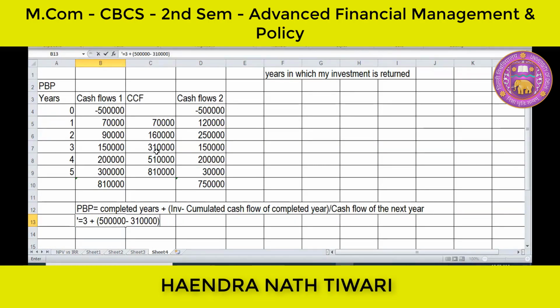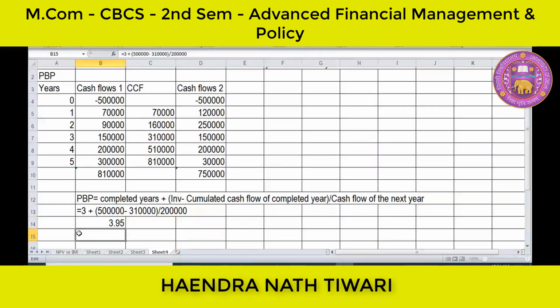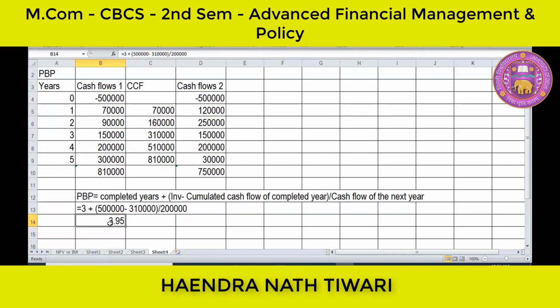So the difference of 1,90,000 I have to receive from year 4, divided by what is the total cash flow accruing in this year? 2 lakhs. So what is my payback period? It is 3.95 years. So it takes almost 4 years to receive back my total cash flow.